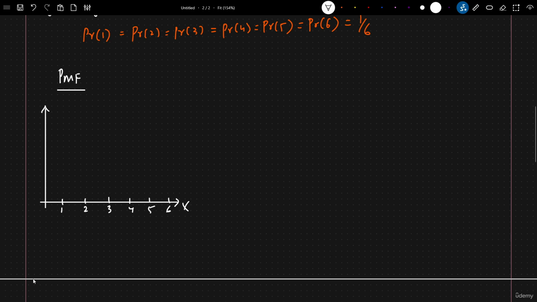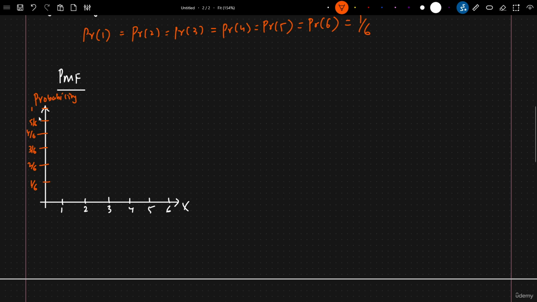On the y-axis, you have the probability values. As you all know, the probability of getting 1 is 1 by 6. So I will write 1 by 6, 2 by 6, 3 by 6, 4 by 6, 5 by 6, and finally 1. These are my various probabilities.